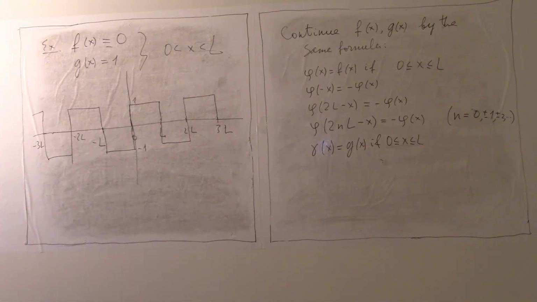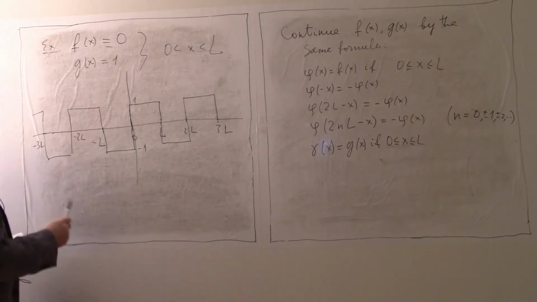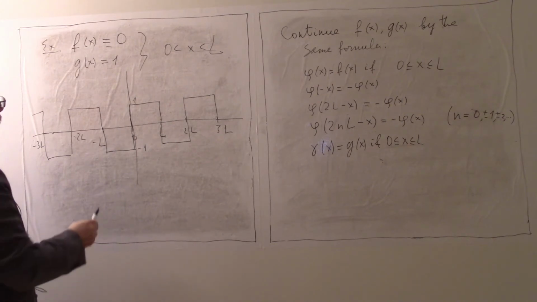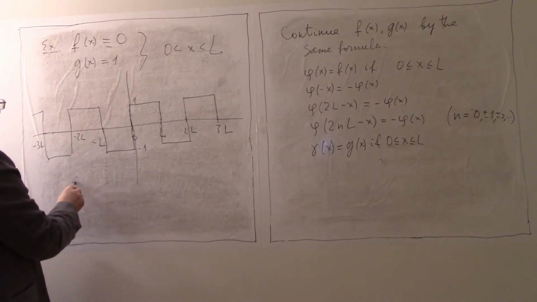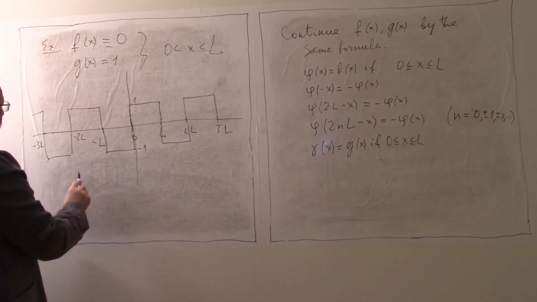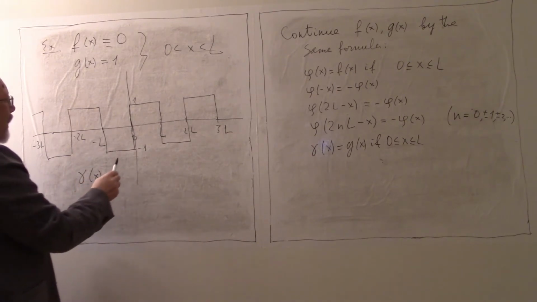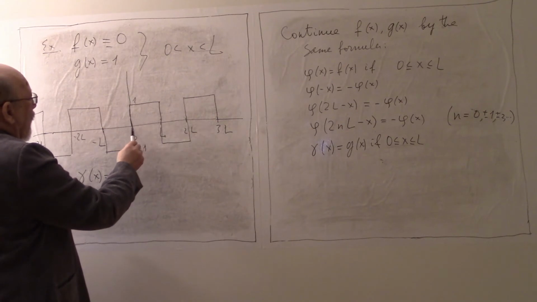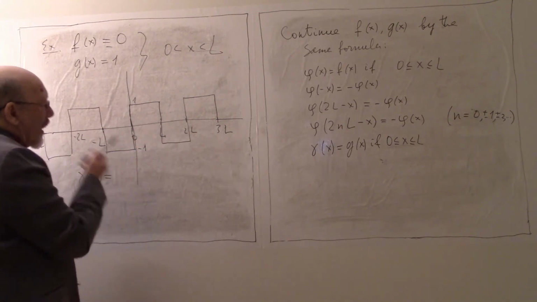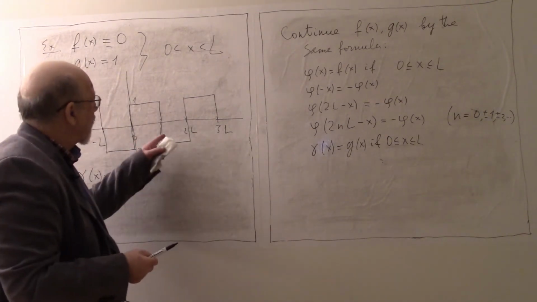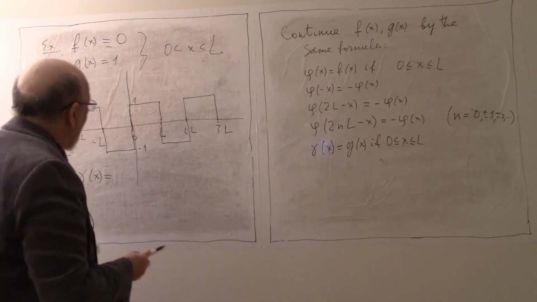So we have the function. How can you express this function gamma of x? It is 1 when x is between 0 and L, minus 1 between L and 2L, and so on.